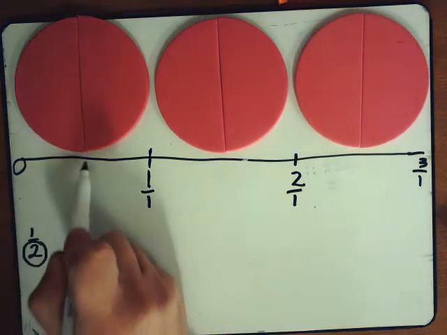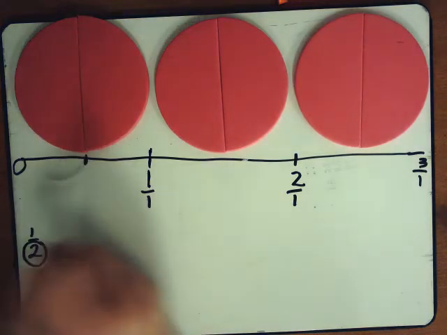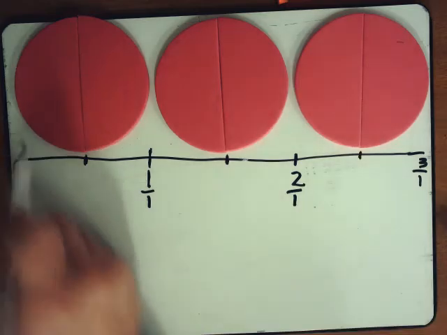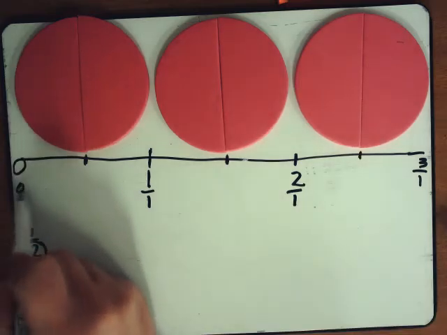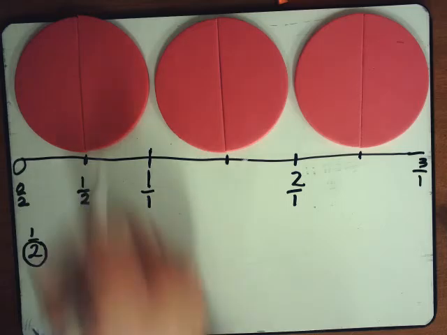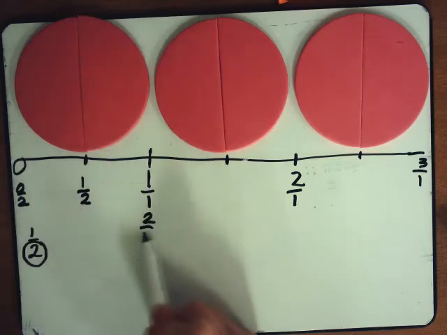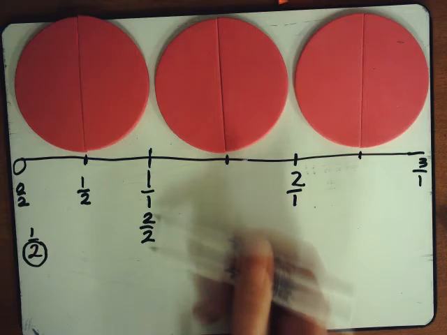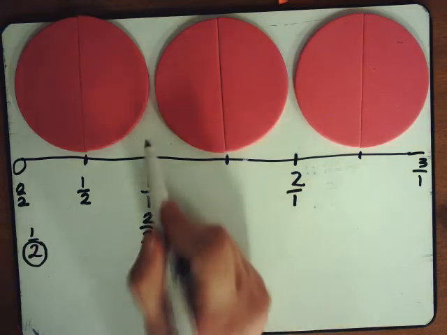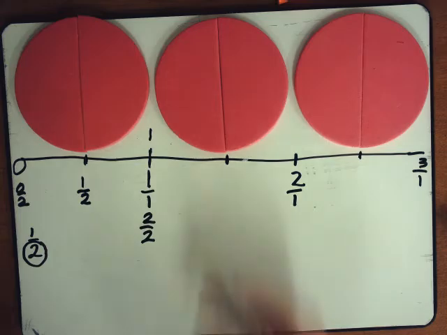The fraction is plotted where that piece is ended, right? So here we have 0 halves. This is where the first half is ended. And then we're at 2 halves, right? 2 halves is the same thing as 1 out of 1 piece, or 1 whole, right?